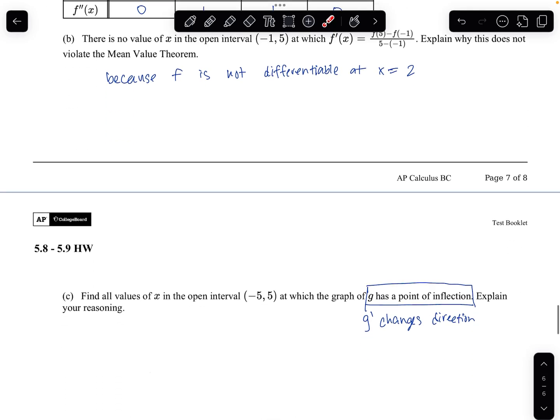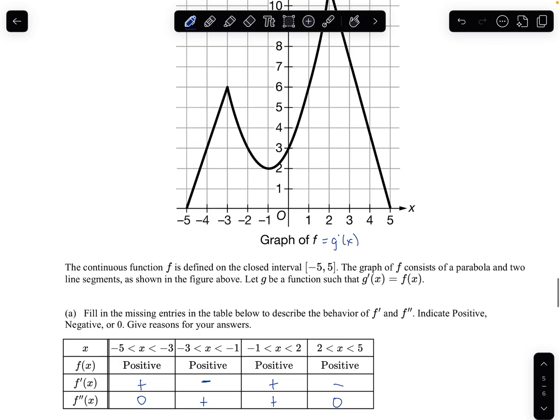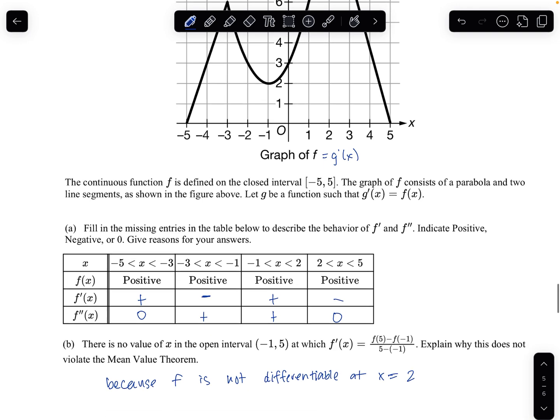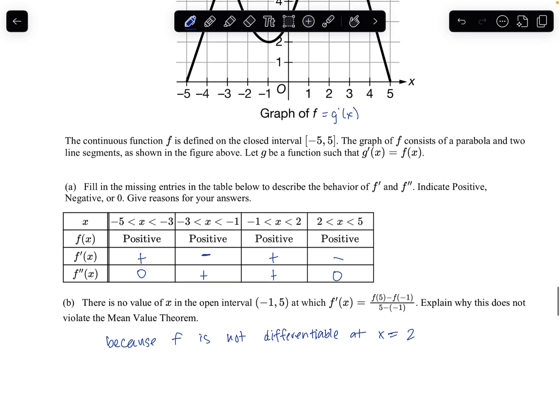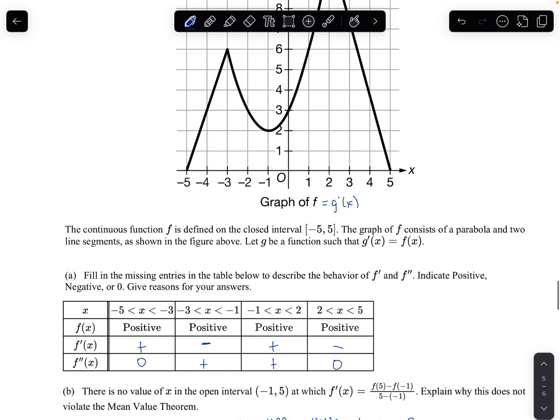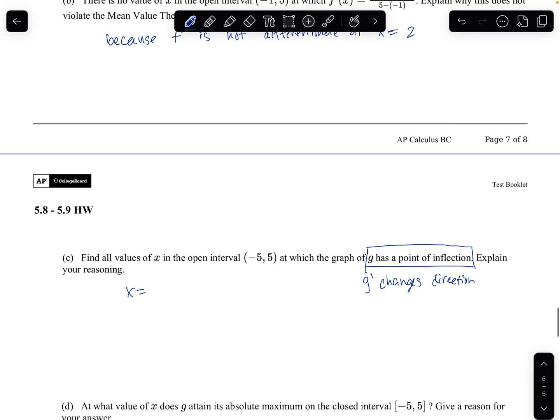So find all the values of x in the open interval where g has a point of inflection. So I'm going to say x equals -3, x equals 1, and x equals 2.